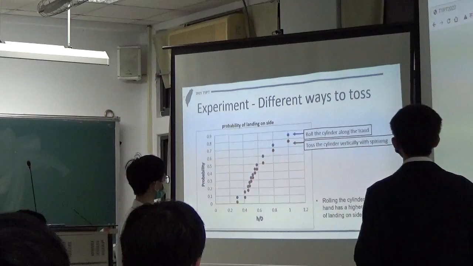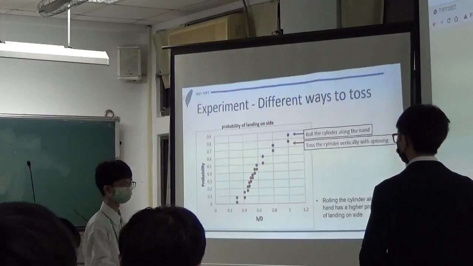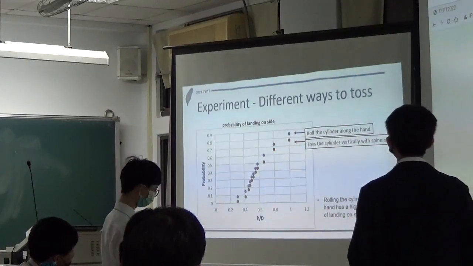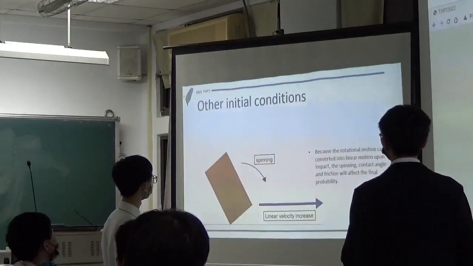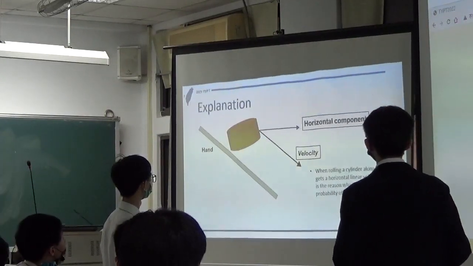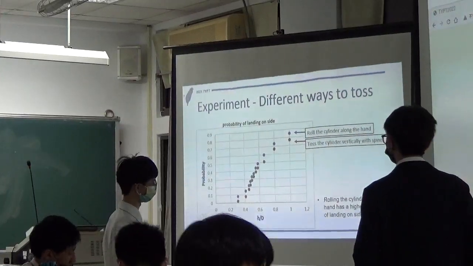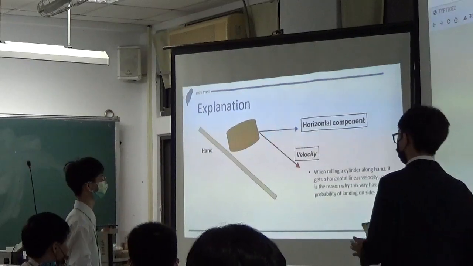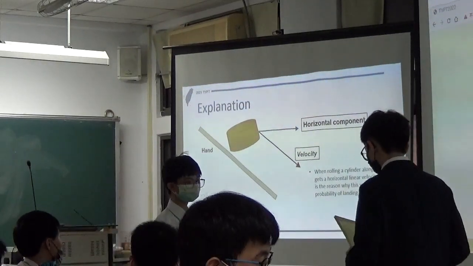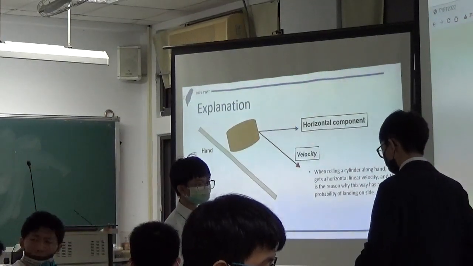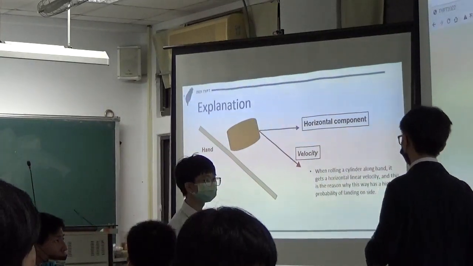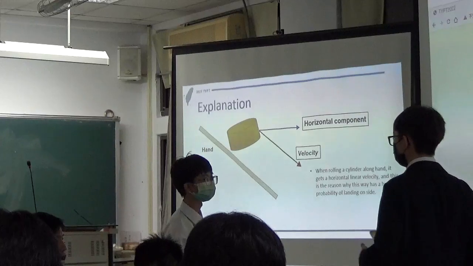One is the roll: I roll the cylinder along my hand, and the other is tossing the cylinder vertically. So I think the results of the two ways are not the same. So do you think that when you let the dice hit the floor and rotate, the possibility to land on the side increases? Yeah.